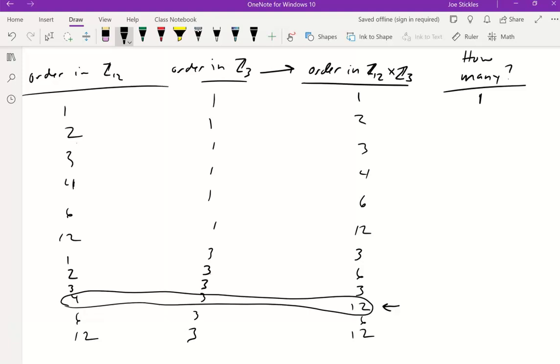In Z3, how many elements of order 3 are there? Also 2, right? So I could have 2 choices for my element of order 4 and 2 choices for my element of order 3, and I put them together. How many total ways can you do that? 4, yeah. Notice this is just a counting problem, right?